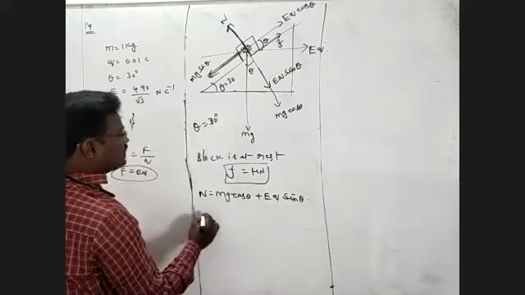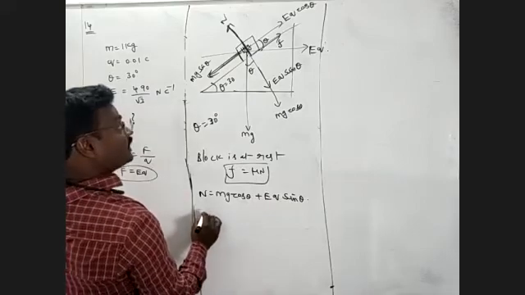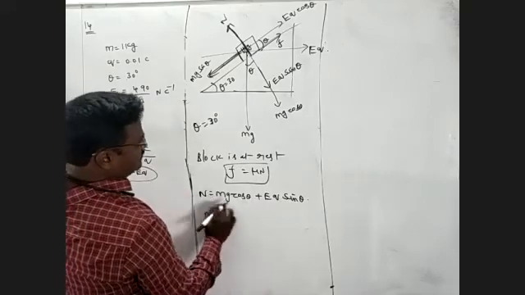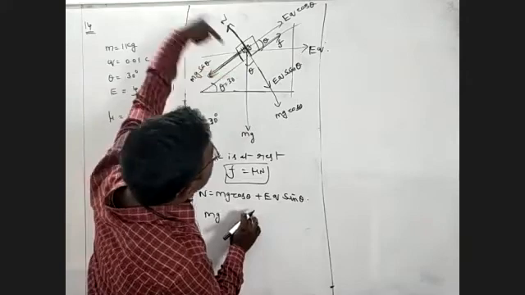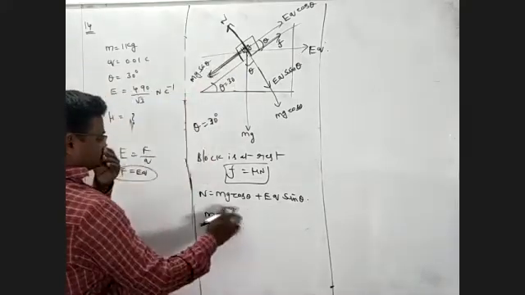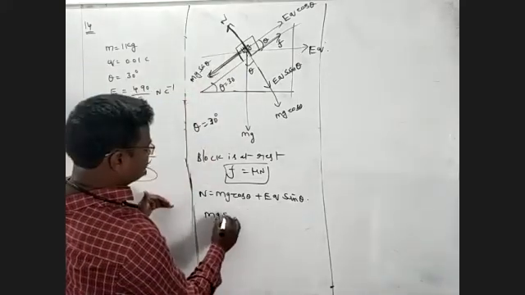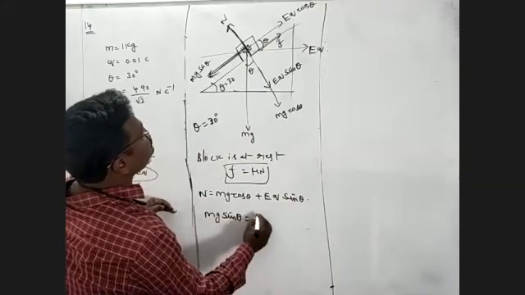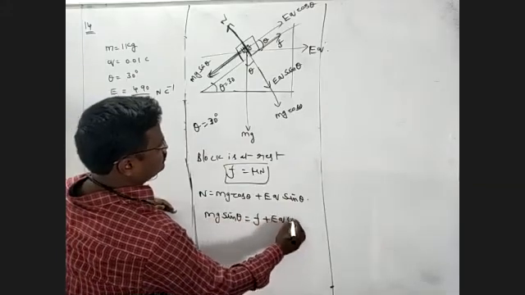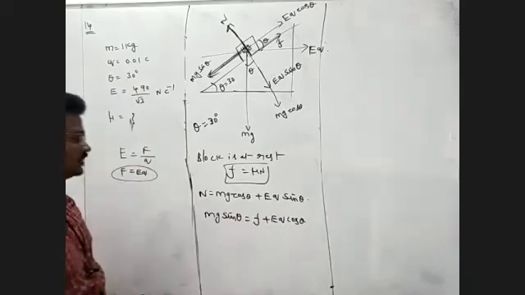Along the incline, mg sin theta is equal to f plus EQ cos theta.